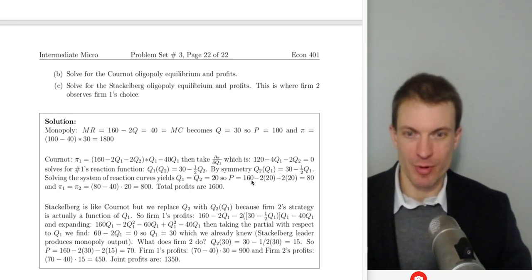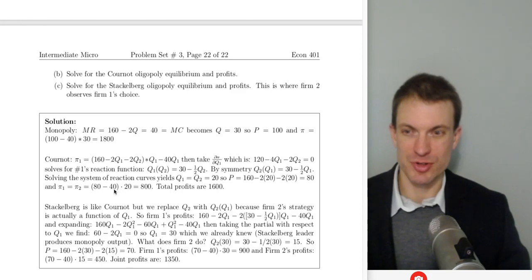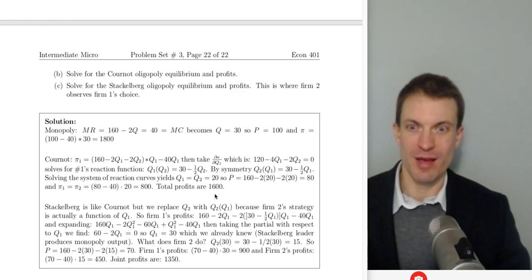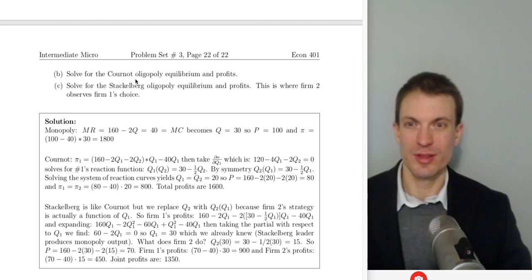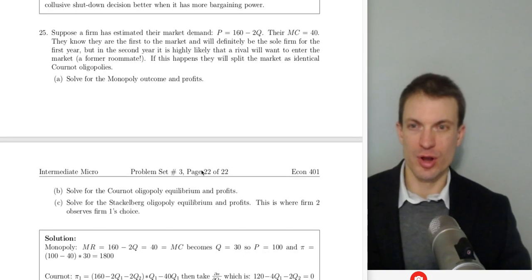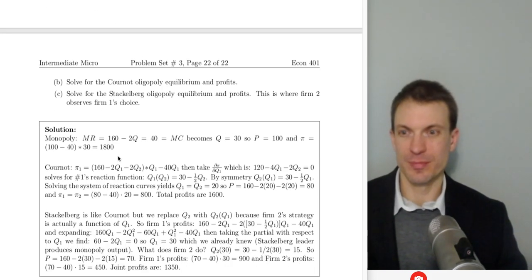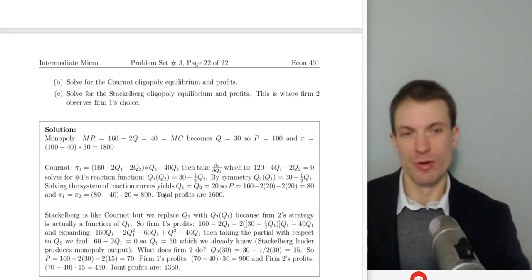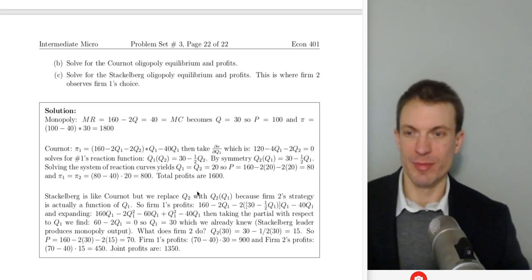So then our price is going to be 160 minus 40 minus 40, or 160 minus 80, which is 80. So profits are going to be price minus marginal cost, so 40 times 20 is 800. Total profits are 1,600. All right, so profits are way lower in Cournot than they were for our monopolist, right? They're lower jointly in the market than they were for the monopolist too.